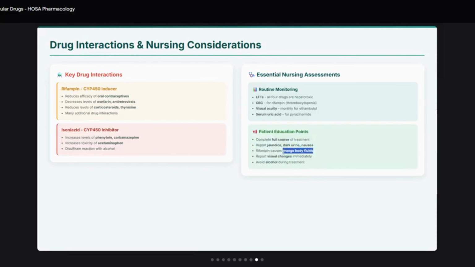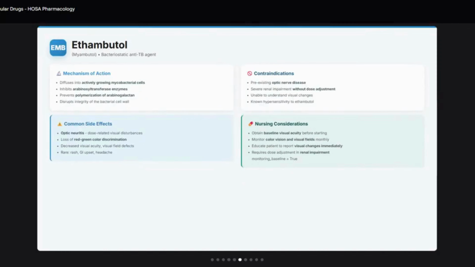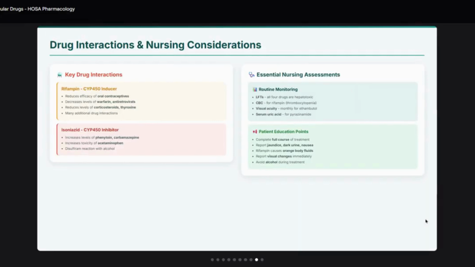Rifampin is orange body fluids, normal. Visual changes are for pyrazinamide. Wait, no, it's for ethambutol, right? Yeah, I was wrong.